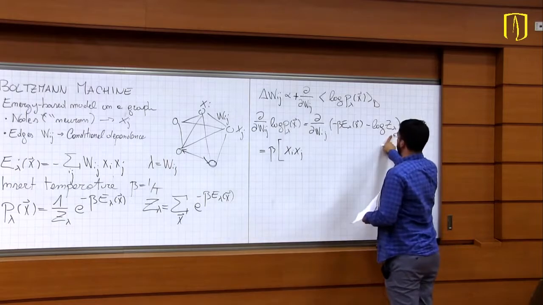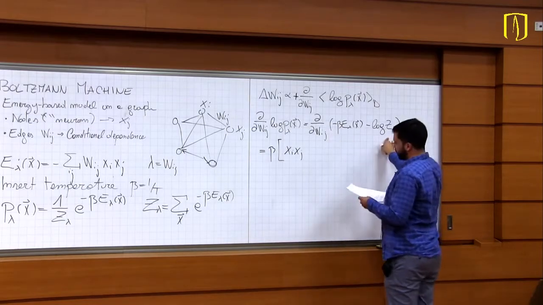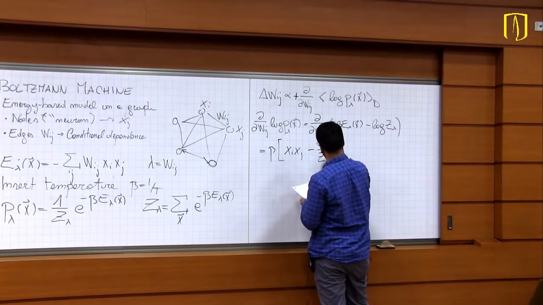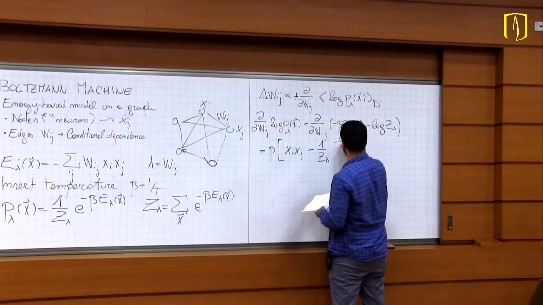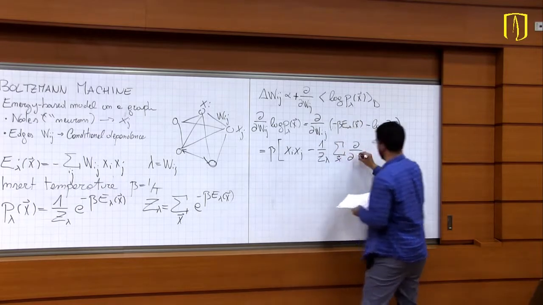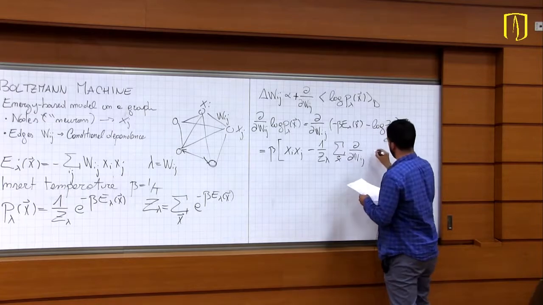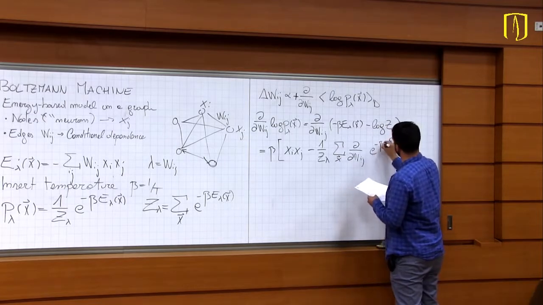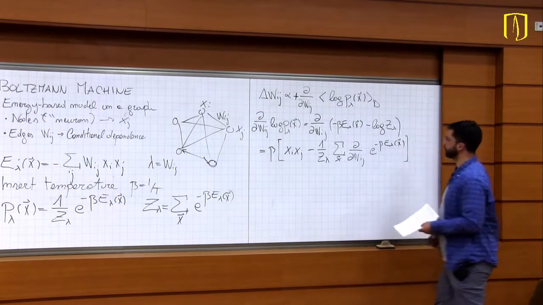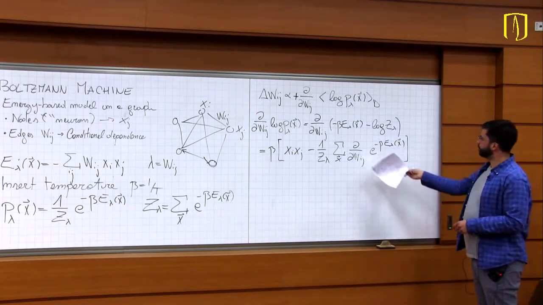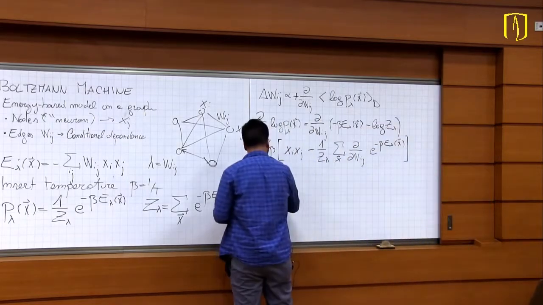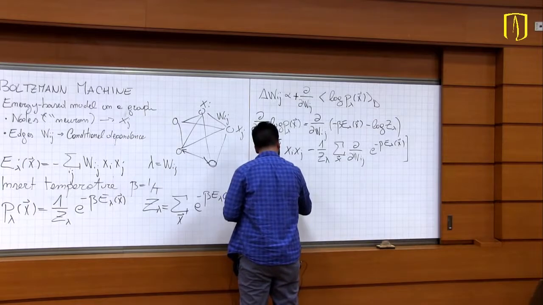And then I get the derivative of log Z, so I get minus 1 over Z, and Z, I know what it is, I just plug this in, and it's the derivative, and then I get e to the minus beta E of x. And so I know what that derivative is too.